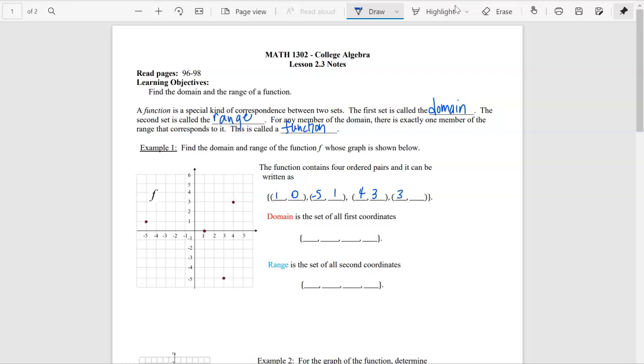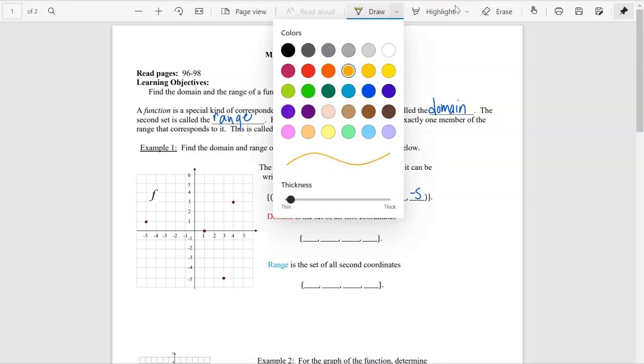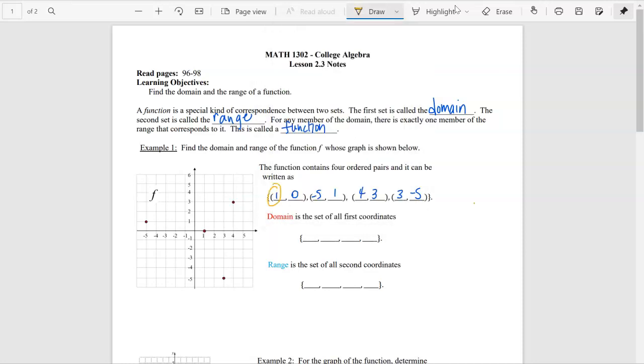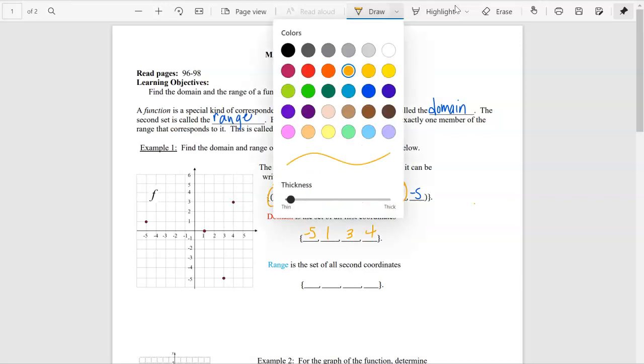So 3, -5. So the domain is the set of all the first coordinates. Now, usually we do list them in order. You don't have to do that, but we're talking about these numbers right here. The smallest one would be the -5, and then we would have 1, and then 3, and then 4. Now, you don't have to list them in order, it's just the way that people usually do it.